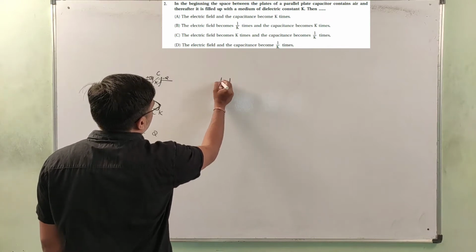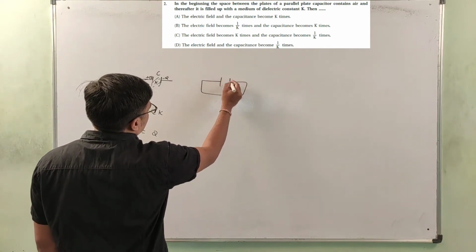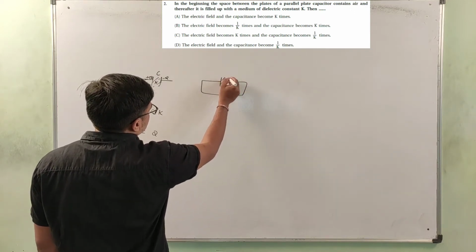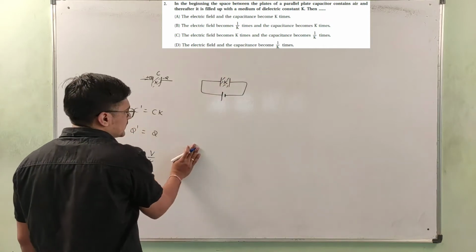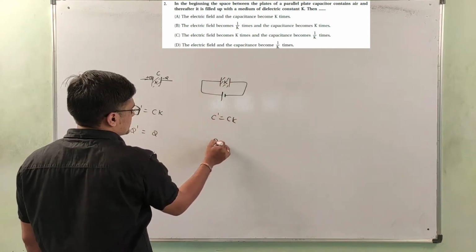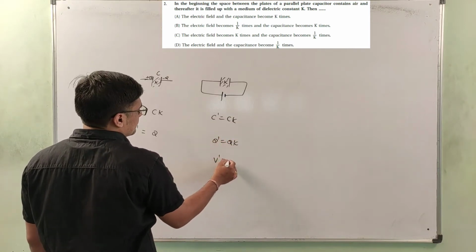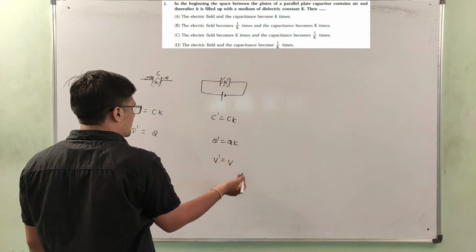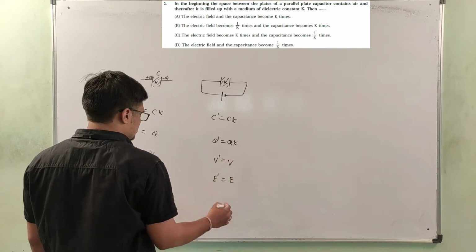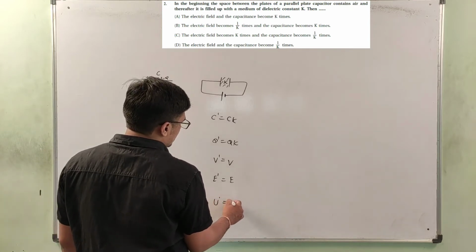Now if you connect a battery with a capacitor and charge it, and at the time of insertion of dielectric the battery remains connected, then what happens? Then capacitance becomes K times, charge also becomes K times, potential difference between 2 plates remains as it is, electric field also remains as it is, and the energy in the capacitor becomes K times.